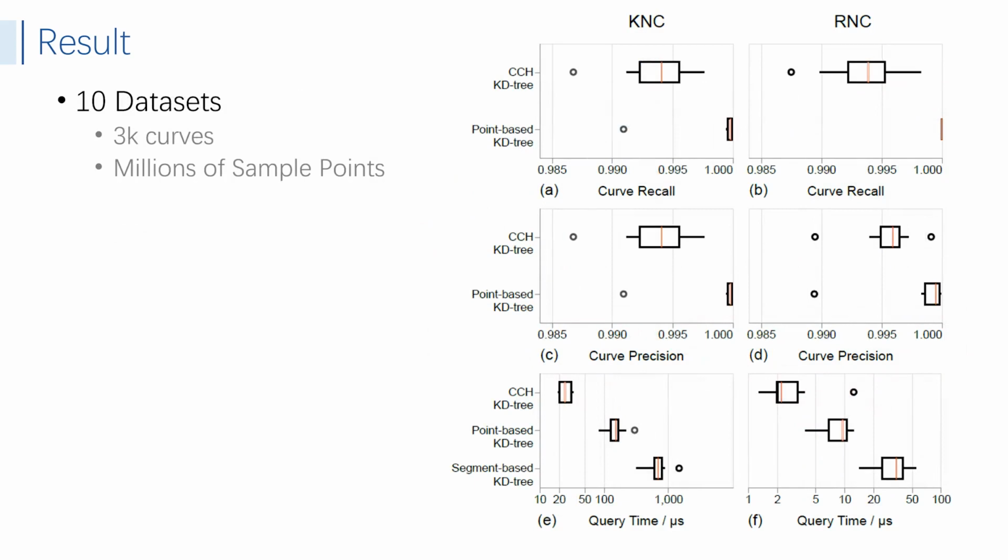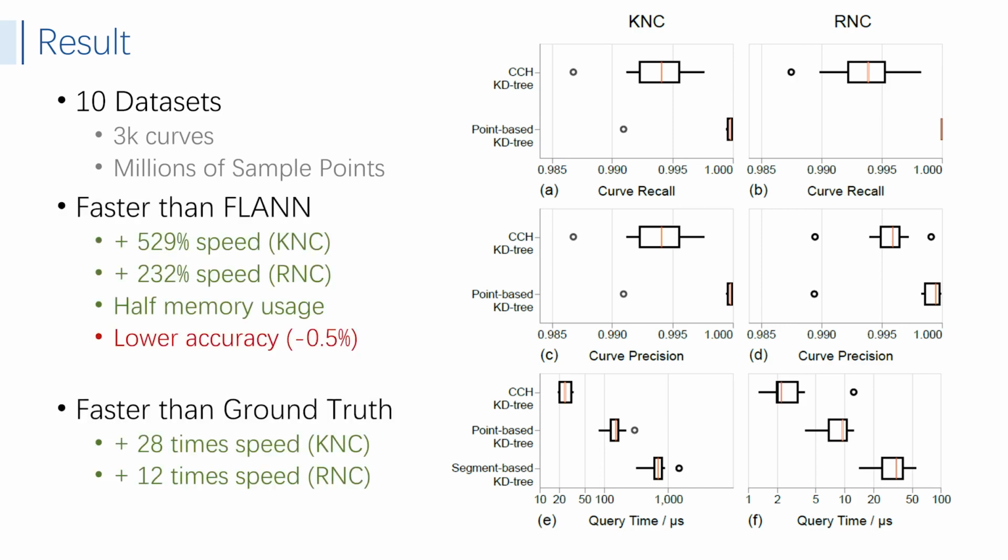Furthermore, we test our CCH KD-tree on 10 datasets from different fields and evaluate it with query time, curve recall, and precision. Each dataset contains about 3,000 curves and millions of sample points. It shows that, although we have some tiny accuracy loss, about 0.5%, we boost the algorithm 2 to 5 times for different nearest curve problems with half the memory usage, compared to Flame.